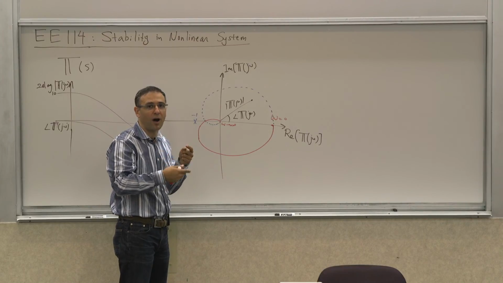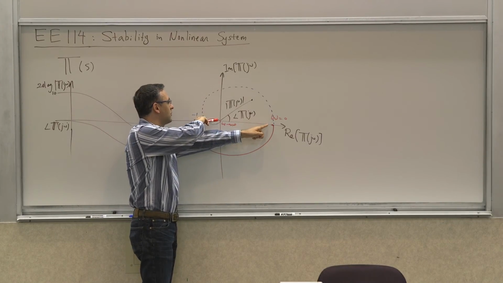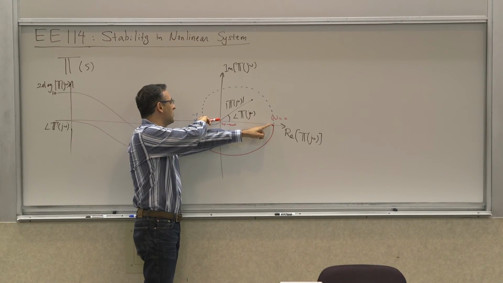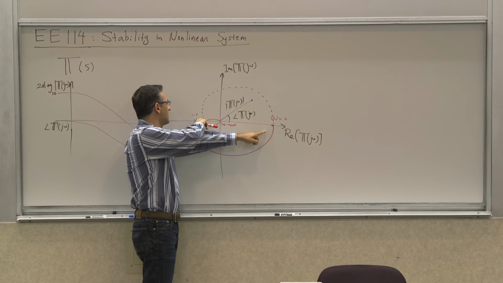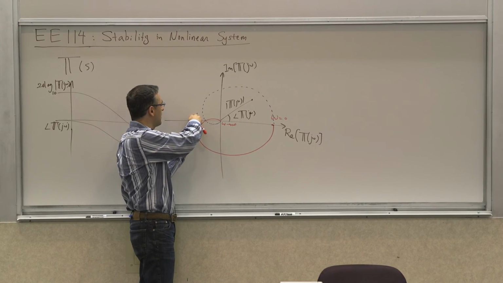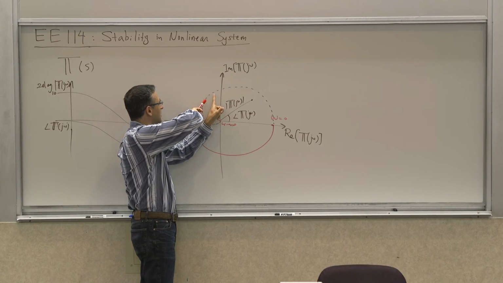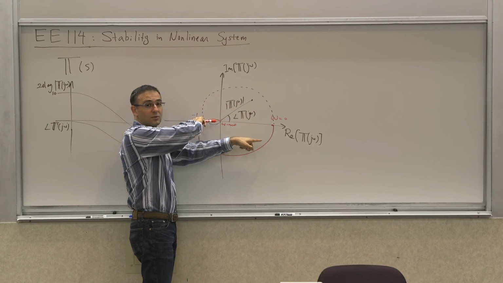How many 2 pi's does it have? So think about a rubber band attached here, and I'm pointing to the point starting from omega 0. I start here, come down here, go back up, come down here, go back up, go down, and you see that in this case there was no twist.